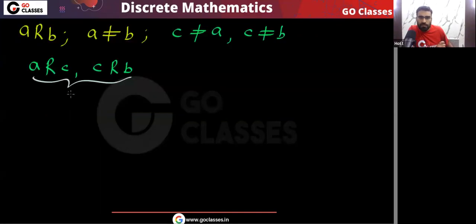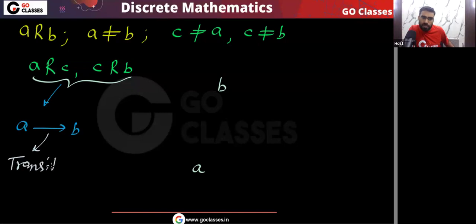You can easily see we cannot have an edge between A, B. Why? Because this AB is a transitive edge, yes or no? It is a transitive edge because A is related to C, C is related to B. And we don't show transitive edges.